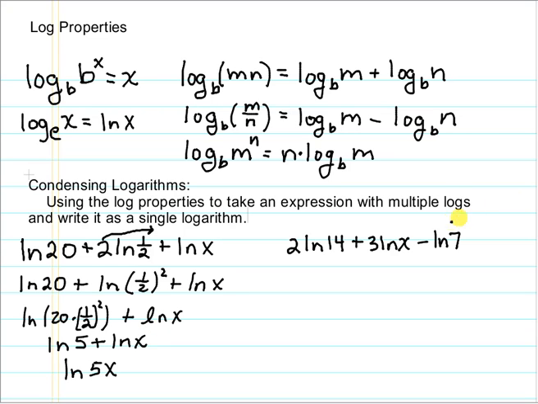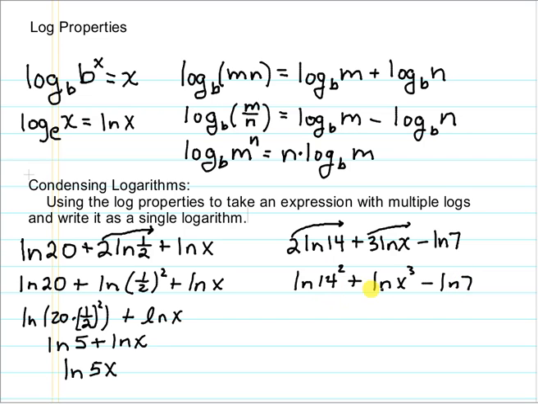Okay, over here we said again we want to handle the exponents first. So we have here ln of 14 squared plus ln of x cubed minus ln of 7. We'll simplify this later.